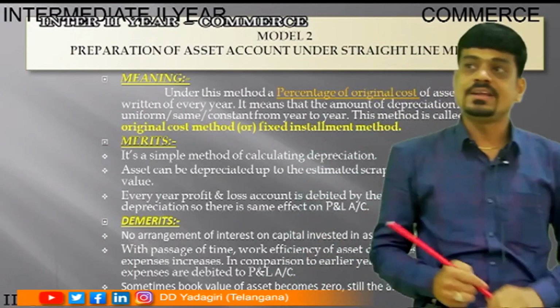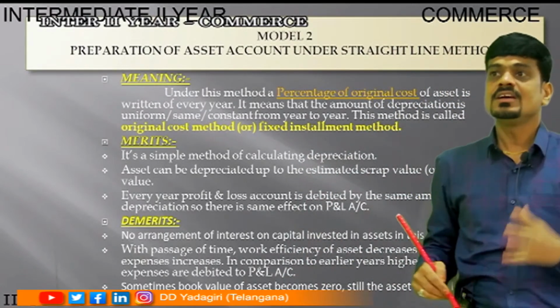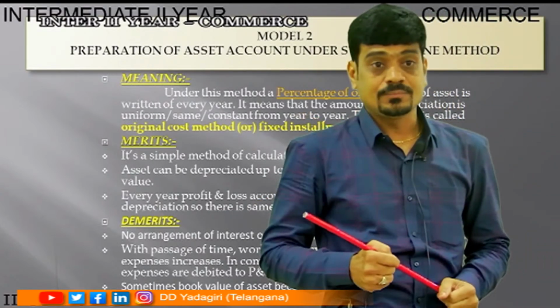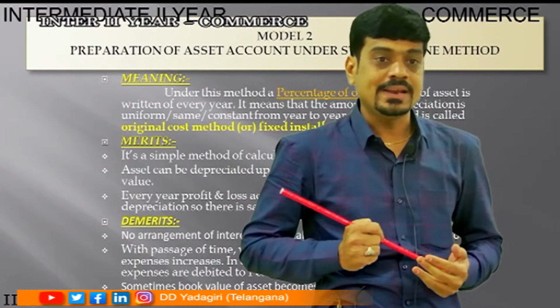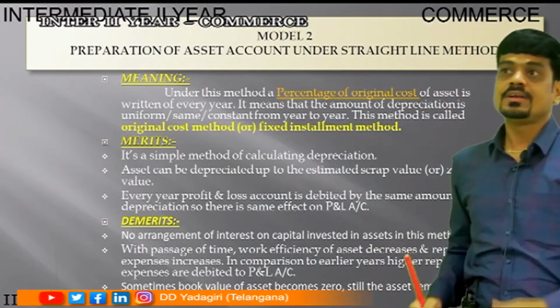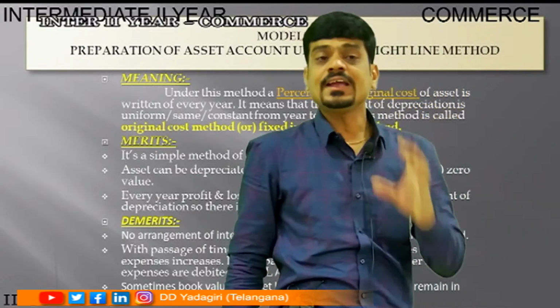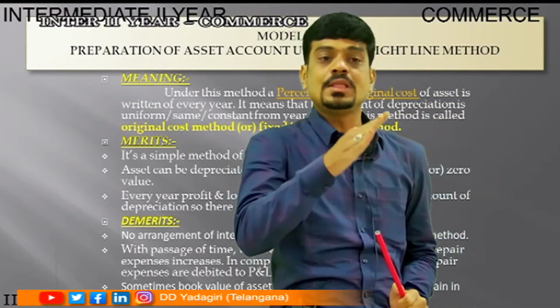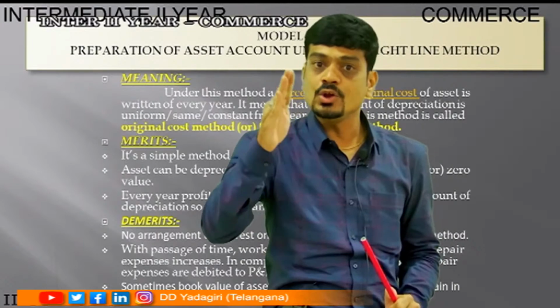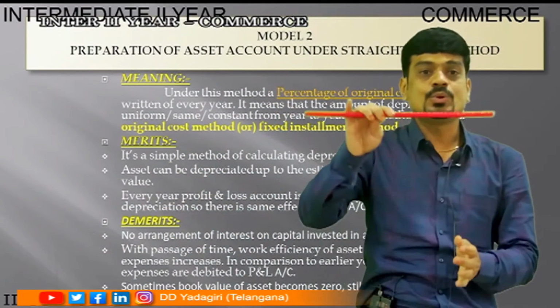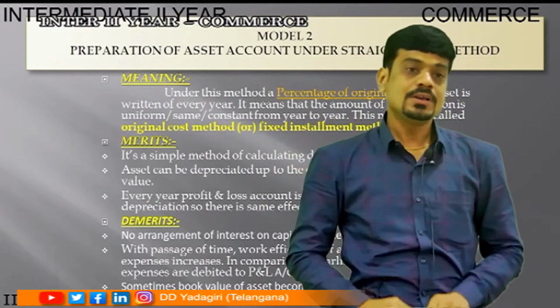Then come the demerits. What are the demerits? We cannot make arrangement for interest on the capital invested. Another important defect is this: scientifically, we know that with the passage of time the value of the asset is decreasing, so we should also decrease the amount of depreciation.